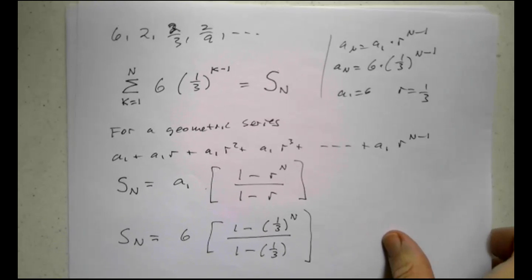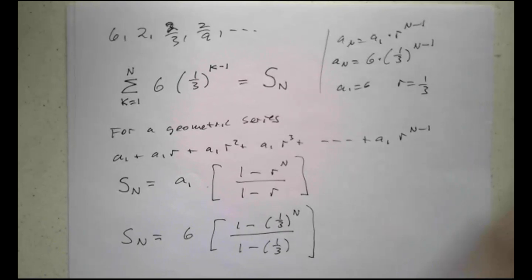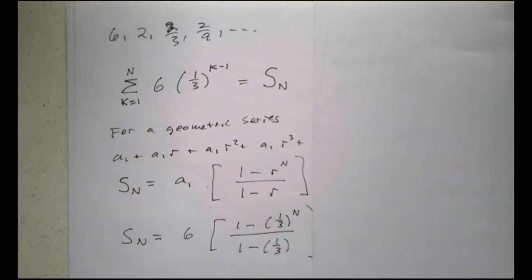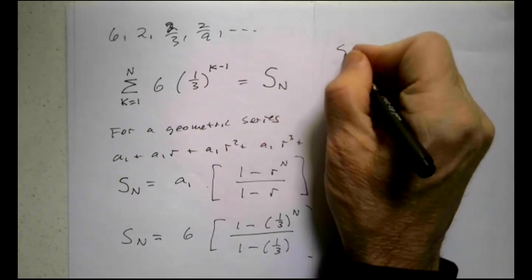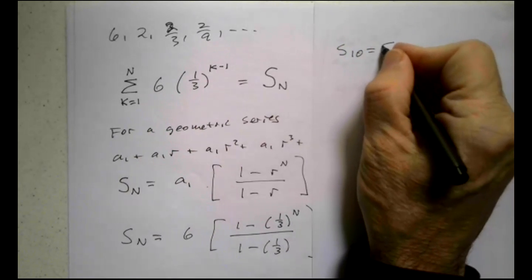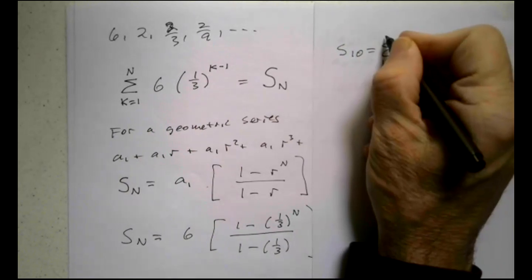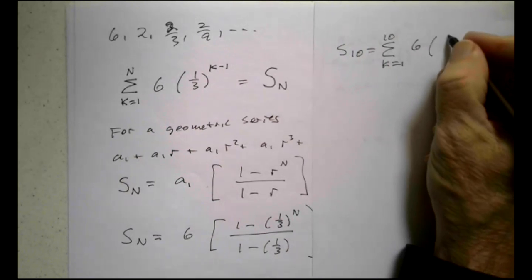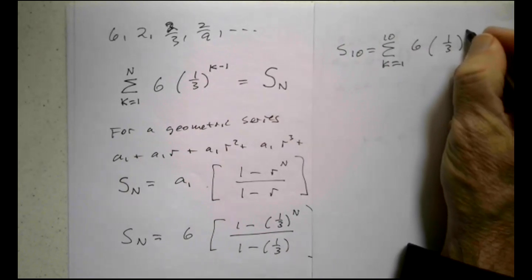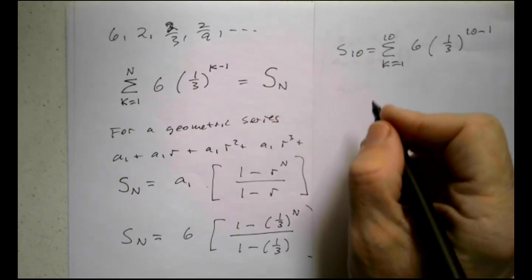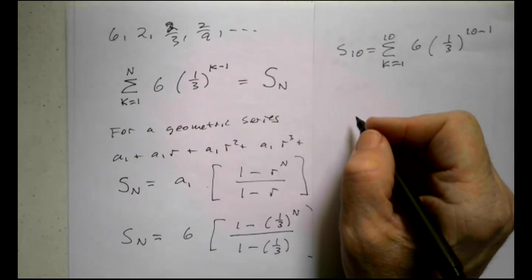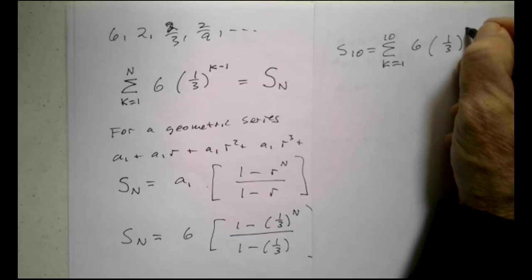The sum of the first 10 terms, if we use this version, S of 10 would be the sum as k goes from 1 to 10 of 6 times 1/3 to the k minus 1.